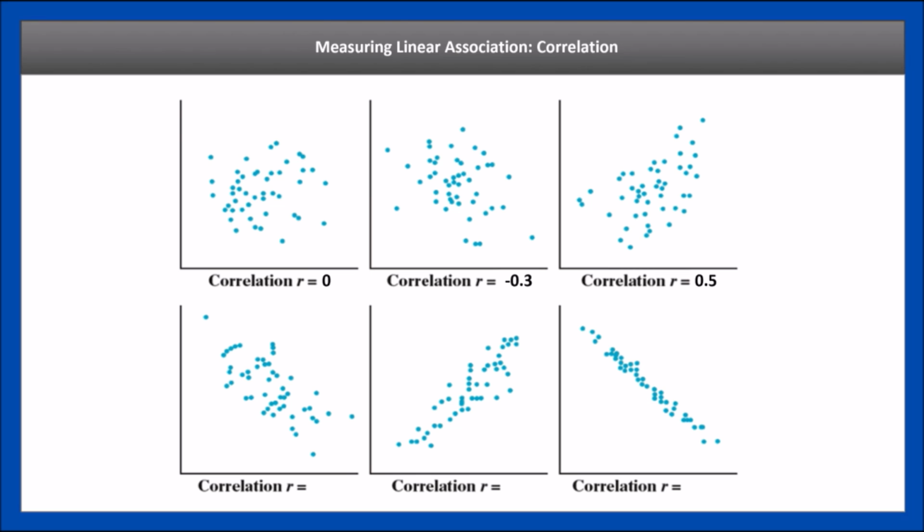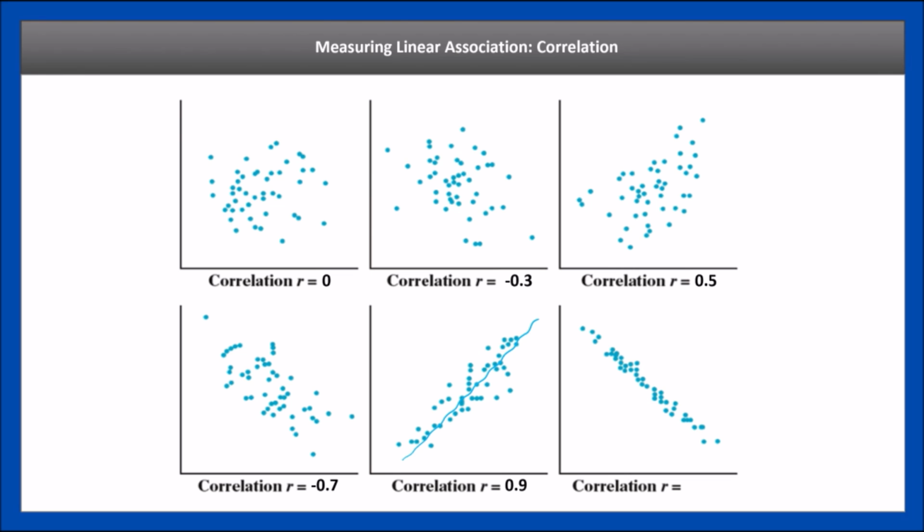On the bottom left, we have a negative correlation. This definitely looks like a tighter fit to the line. You can see that most of the points follow that trend overall. In this case, it's going to be negative 0.7, so it's increasing in strength, as we can see. This next one is a positive correlation, and it's definitely increasing.